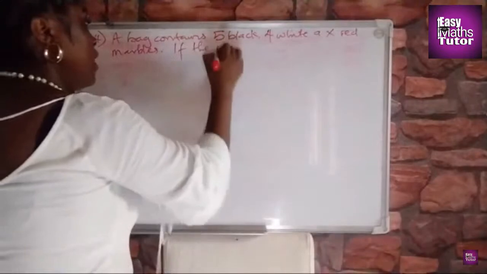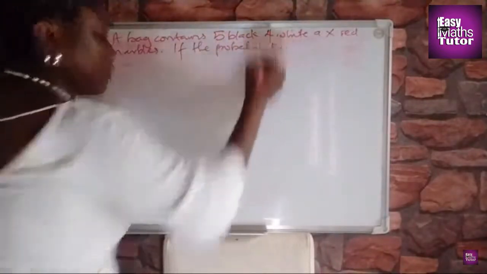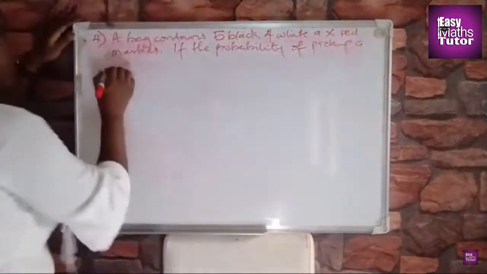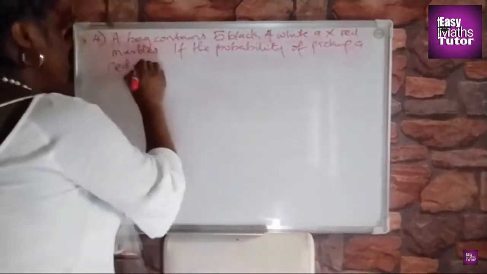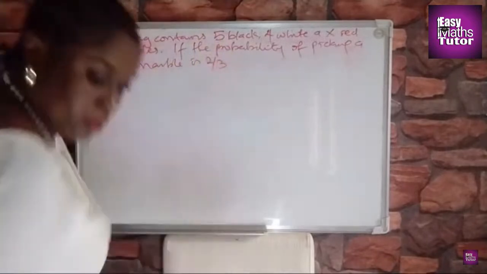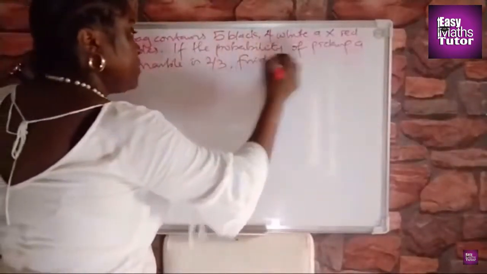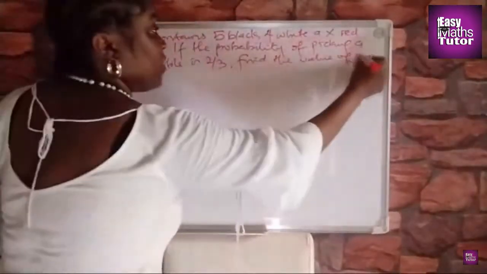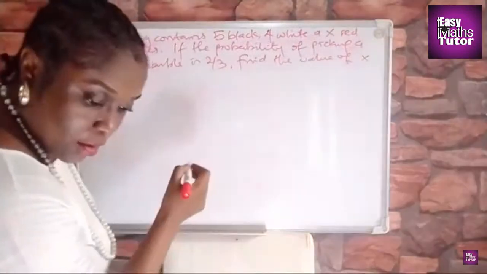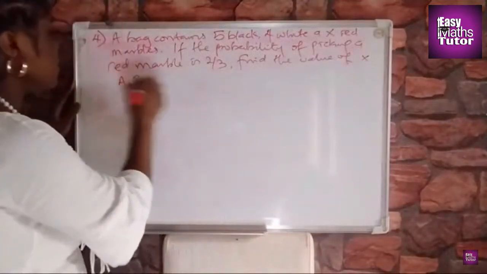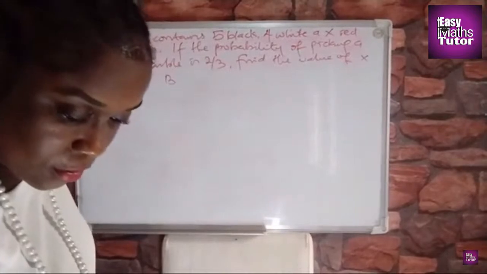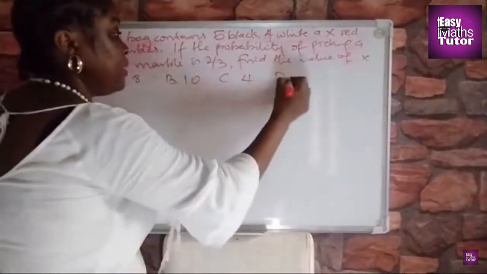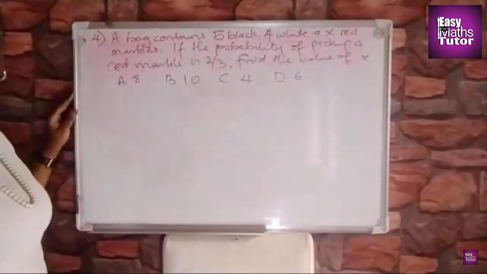If the probability of picking a red marble is 2/3, find the value of X. Our options are A is 8, B is 10, C is 4, and D is 6.